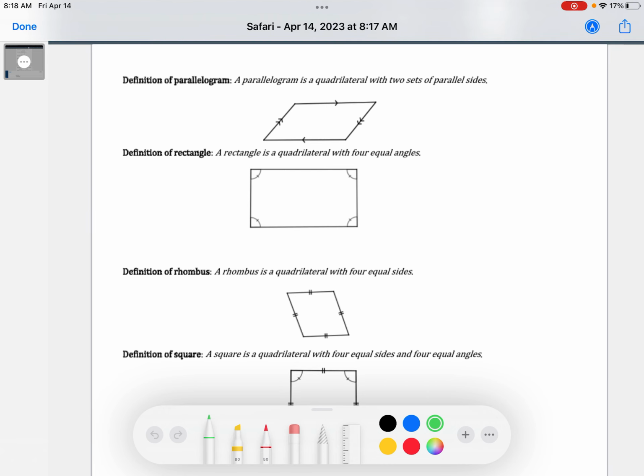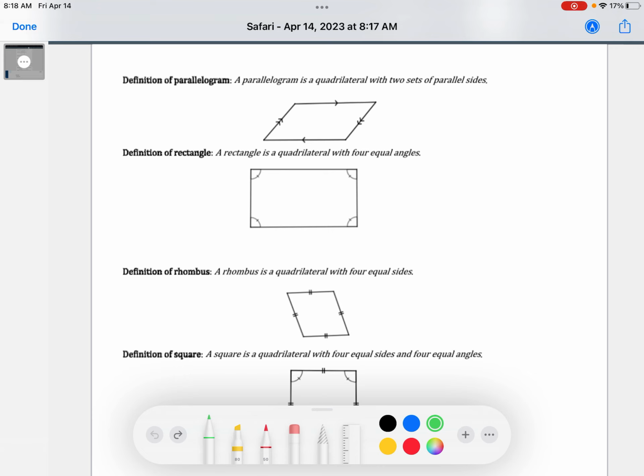So a parallelogram is a quadrilateral with two sets of parallel sides. Now you see here in this thing, those little arrows right there, those mean that the sides are parallel. So that's the definition of a parallelogram. You've got two sets of parallel sides.